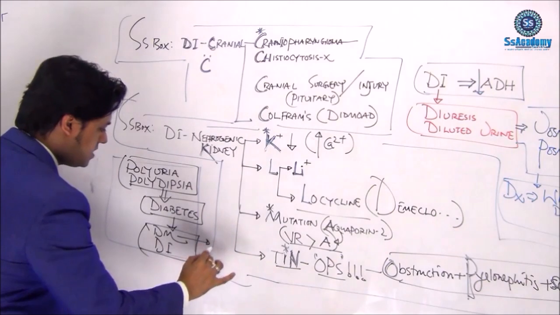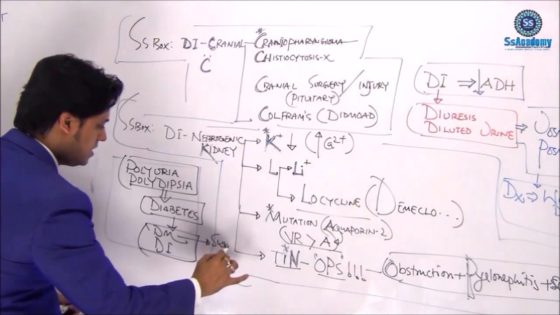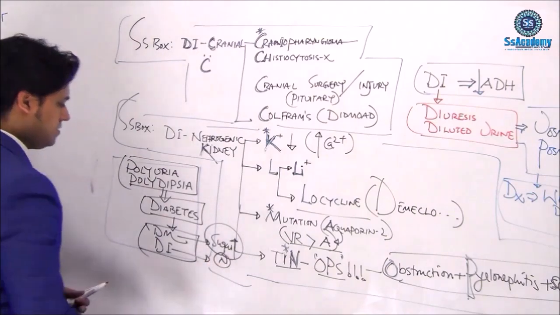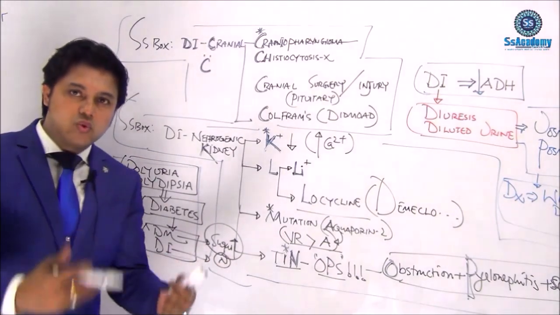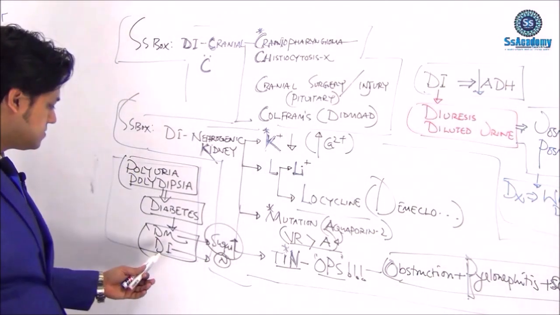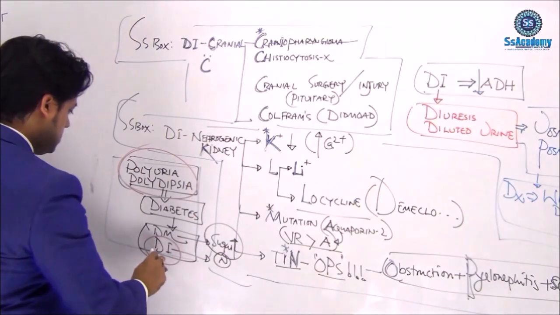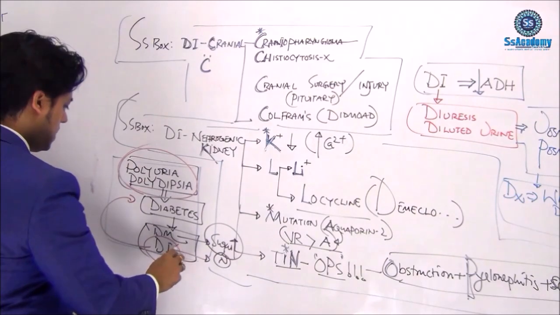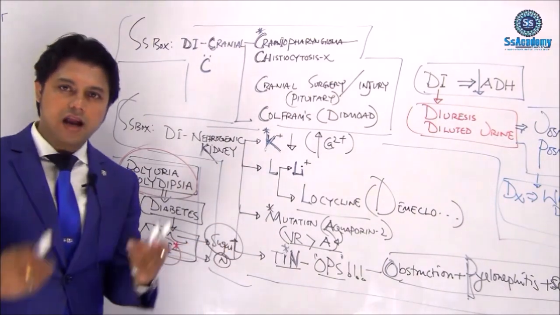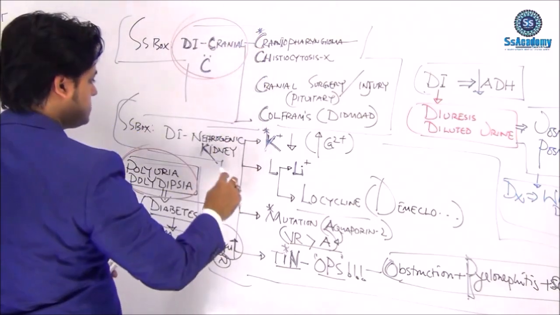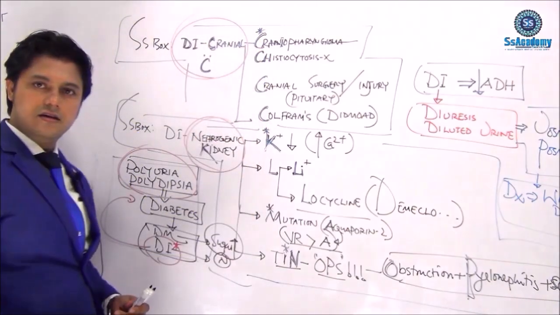In diabetes mellitus, sugar definitely will be high. In contrast, in diabetes insipidus, sugar will be normal. So provided the sugar is normal, still with polyuria and polydipsia, think about diabetes insipidus. And after that, think about cranial diabetes insipidus and kidney diabetes insipidus.